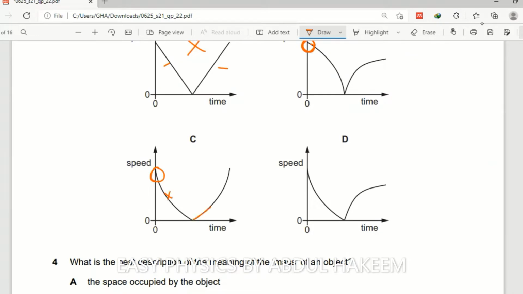Its gradient is increasing, I mean the acceleration is also increasing. No, when the object falls down, its acceleration decreases due to air resistance. And later, when air resistance becomes equal to weight, acceleration becomes 0 and the speed becomes almost constant. So look, the maximum gradient, the steepest line, and then it has constant velocity. So the correct option is D.